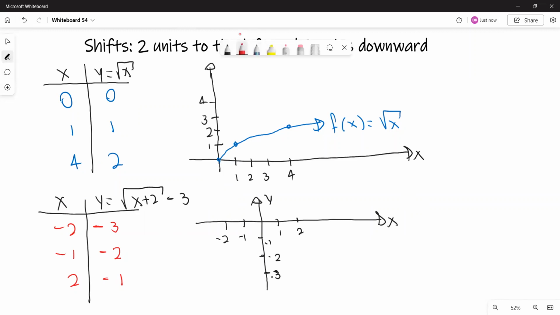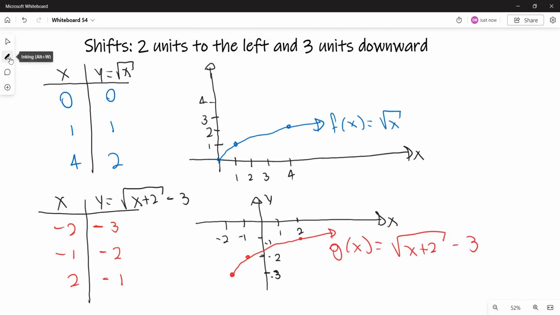So we got negative 2, negative 3, negative 1, negative 2, and 2, negative 1. So that's the graph of g of x. So this one involved a vertical and a horizontal translation.